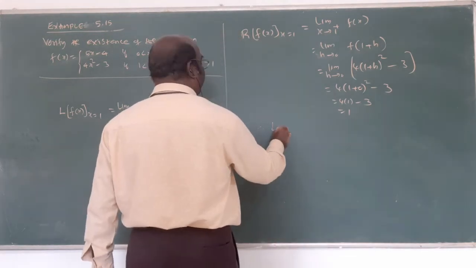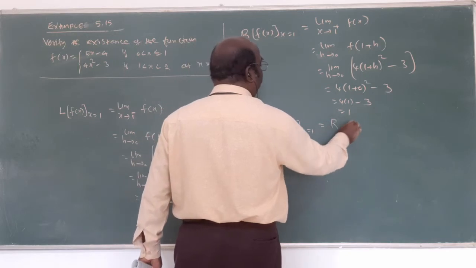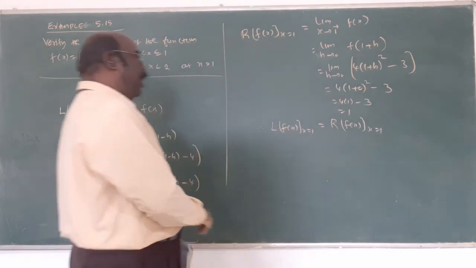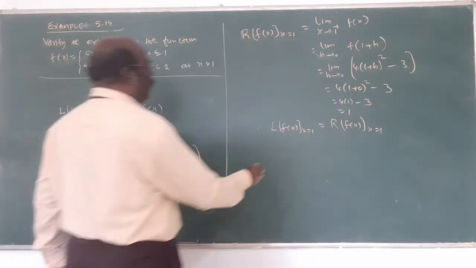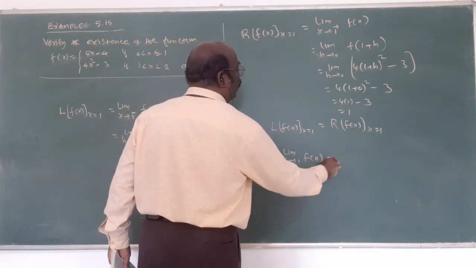Therefore, what is the answer? Left hand limit at x equal to 1 equals right hand limit at x equal to 1. They are equal. Therefore, limit x tends to 1 of f of x is equal to 1 is the answer.